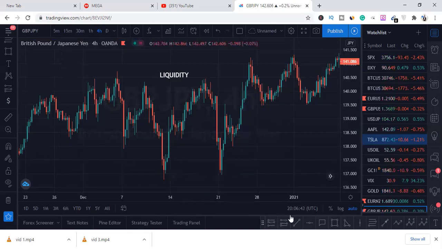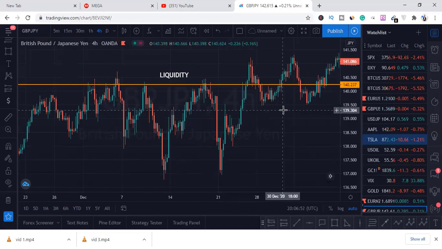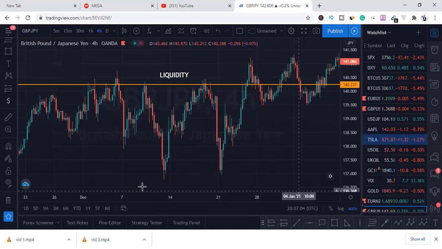Okay, now whenever you see equal highs, you need to be very careful. Remember, we're always told by retail trading gurus that whenever you see a double top, you sell. Whenever you see a double bottom, you buy.